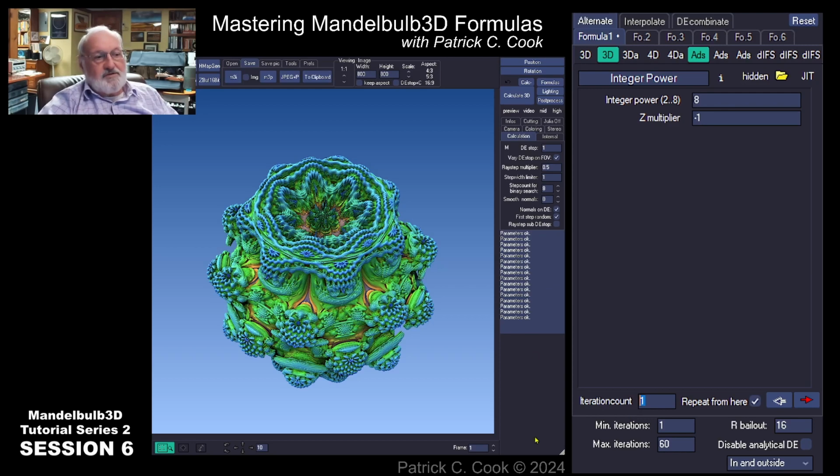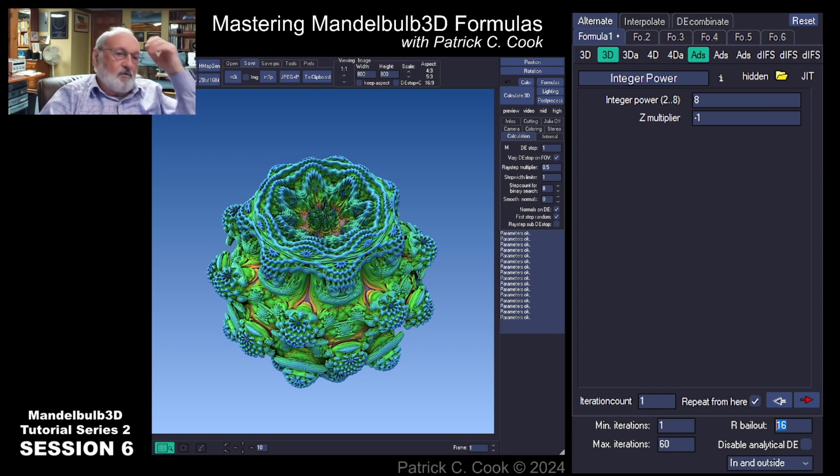So that means all of the pixels or the points that make up this particular Mandelbulb object, the whole thing was accomplished with 1 iteration of the formula with an R bailout of 16.